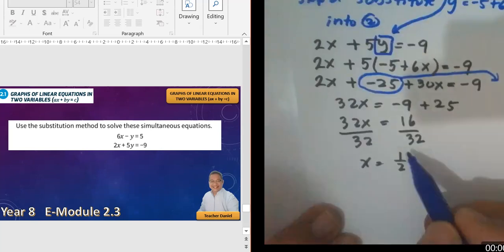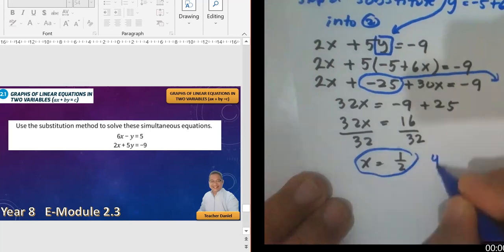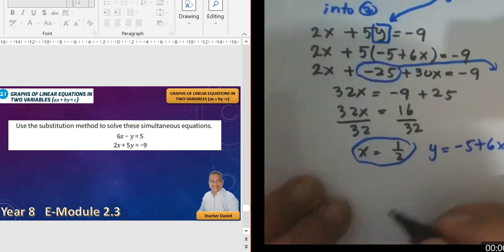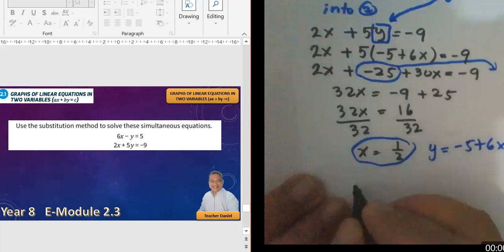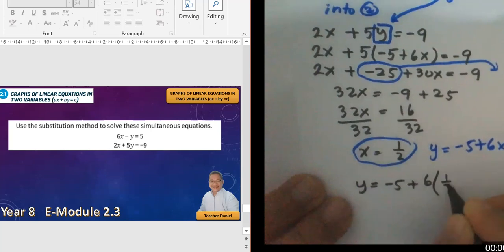We found the x. So let us now find the y. So what we have said, the y is -5 plus 6x. Therefore we can plug in that one there. So y is equal to -5 plus 6 times 1/2.